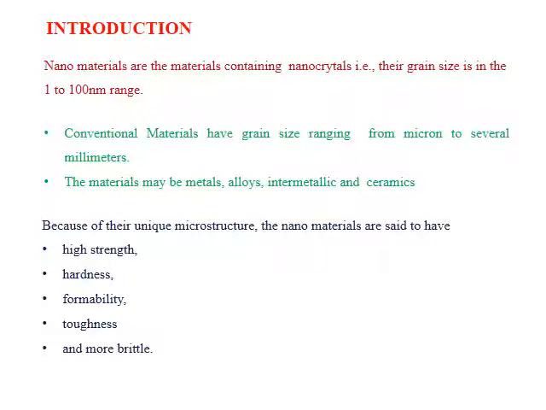So in this kind of material we are observing a tremendous change in their characteristic features when these materials are produced in the nanoscale. So here the size matters. In this whole lecture we are going to see some of the important features of these nanomaterials.